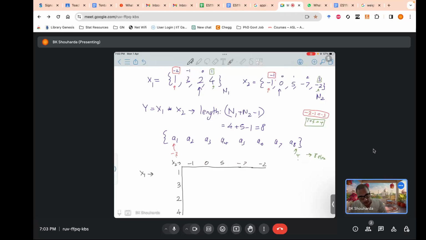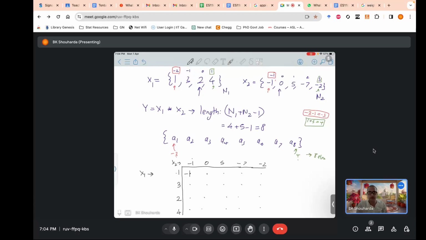Now in each position of this matrix, wherever they intersect, multiply the row and the column. Here it corresponds to the row of 1 and the column of -1, and 1 into -1 is -1. I'll write that.